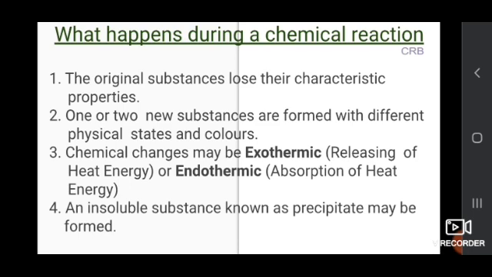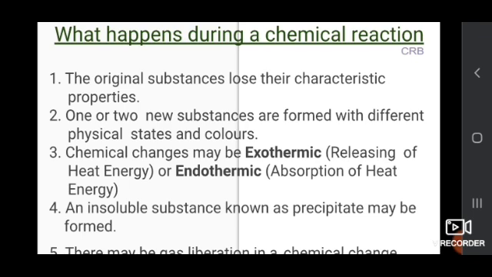Next, an insoluble substance known as precipitate may be formed. In some reactions, a precipitate-like substance is formed during a chemical reaction. Next, there may be gas liberation in a chemical change.